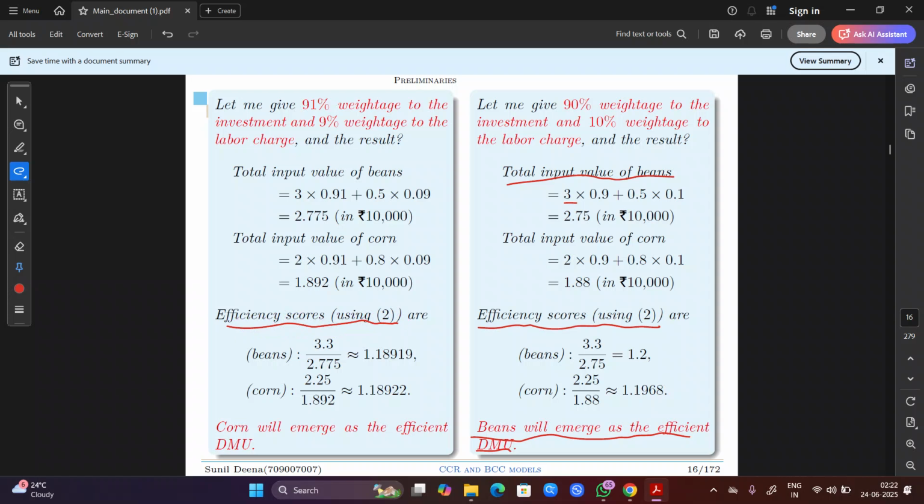So how to choose which weight is correct? It is a very difficult process, because someone comes and gives some weightage, and some other person comes and gives another weightage, but we don't know which is the correct weightage. If you give 100% weightage, there is a problem. If you give a lower percentage, like 91 and 9 percent, we also get a different result, just for a variation of 1 percent.